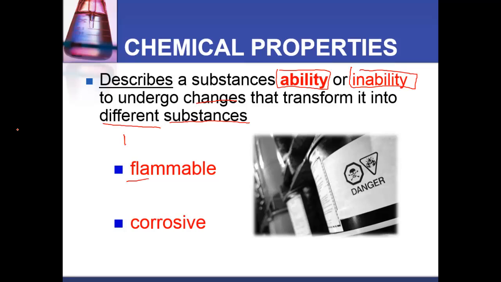So if something says it's flammable or if it says it's corrosive, it means it could change at some point. At some point. Doesn't mean it's changing right now. If something is dangerous, it's got the skull and crossbones on it, meaning dangerous there or poisonous. It's not poison to you yet. If you ingest it, it would be. So it could change at some point, the ability or inability to change.